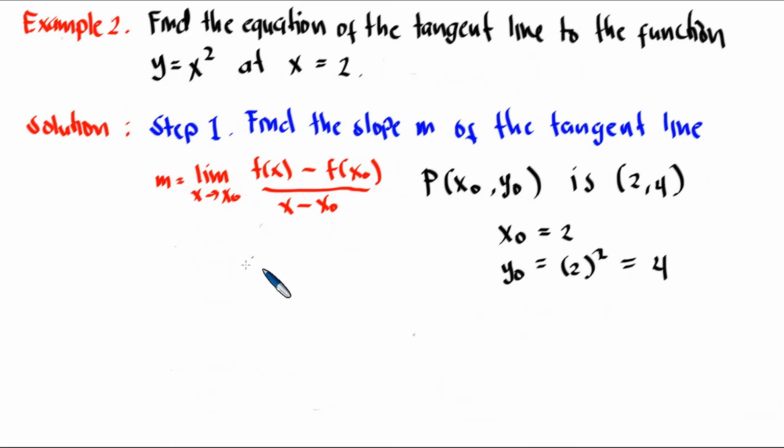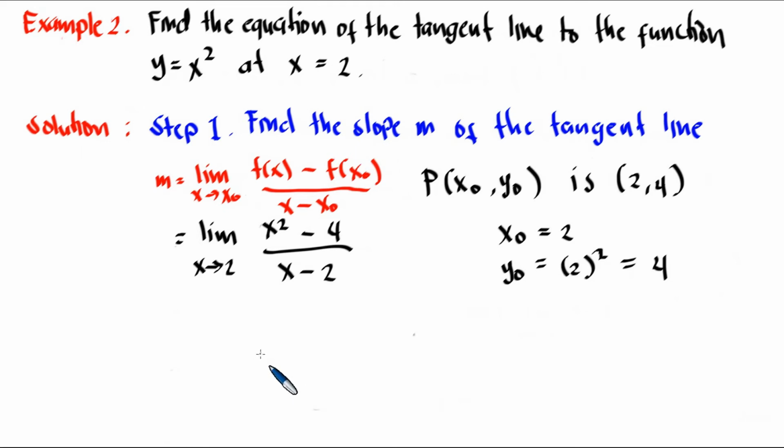Solving for our slope, we have the limit of the given function, x squared, minus the value of the y coordinate, which is equal to 4, all over x minus the value of the x coordinate, x sub 0, which is equal to 2, as x approaches x sub 0, or as x approaches 2.